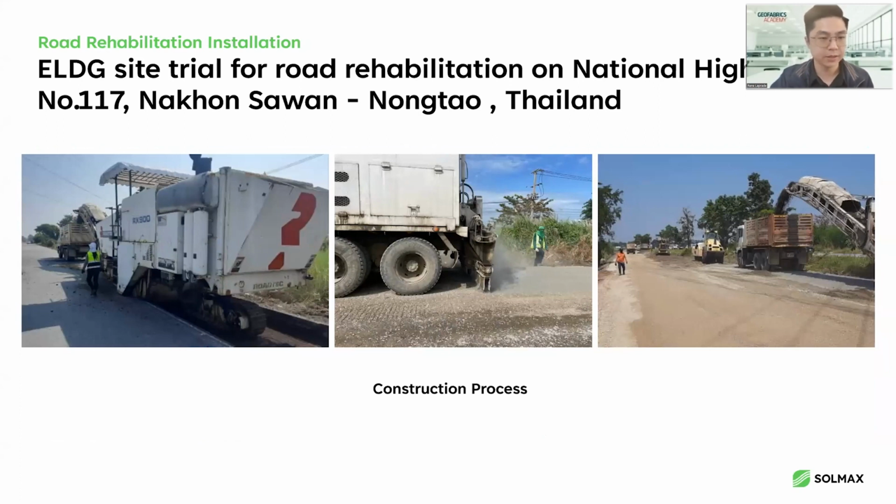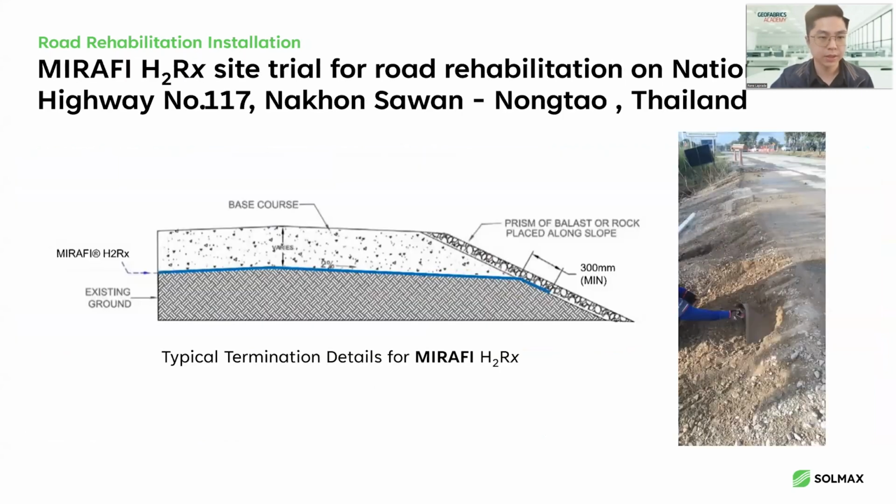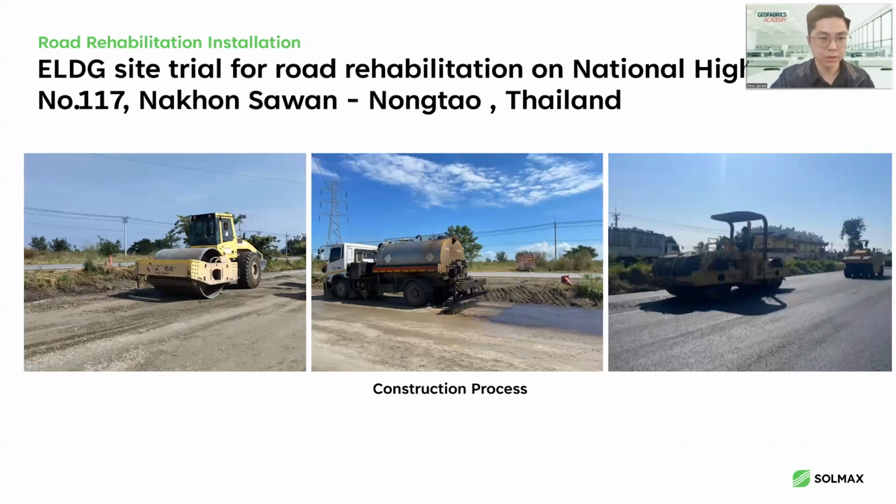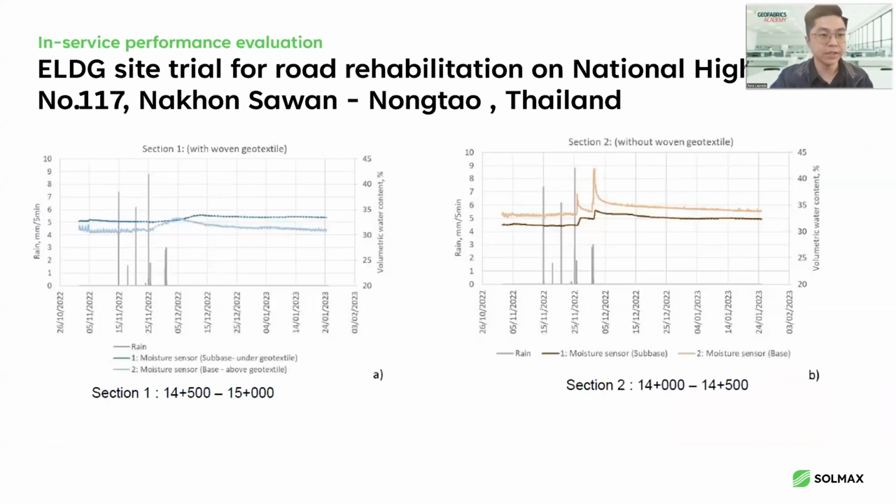After that, the new cement base course was placed, and these were the elimination details in this project. Grab tank that under rock protection. Continue with the asphalt, and this is what I want to show you.